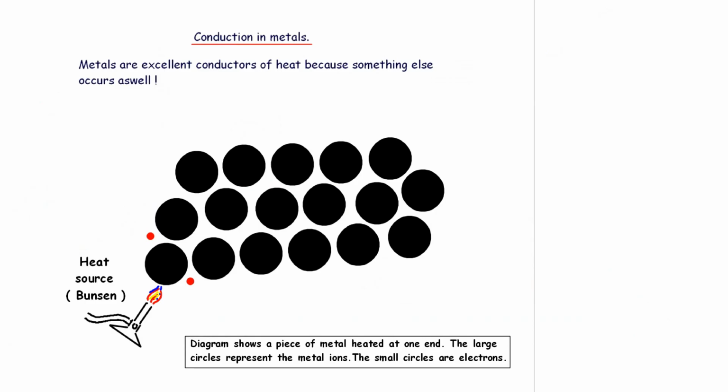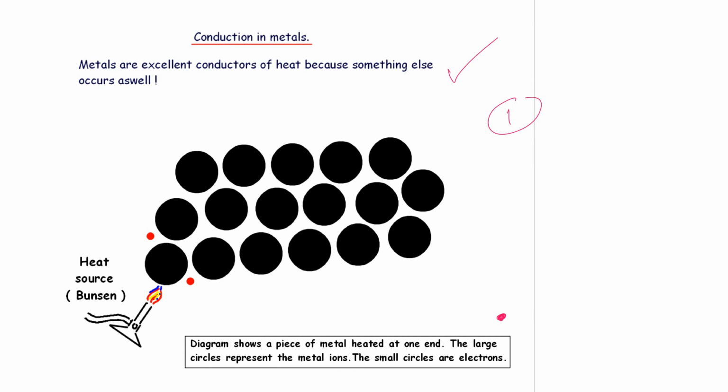Okay, why are metals such excellent conductors? Well, the first reason is the particles are very close together. They're in a sort of uniform shape. So if one starts to vibrate, the next one will. But also, we have got these small little electrons, represented by the small dots here.